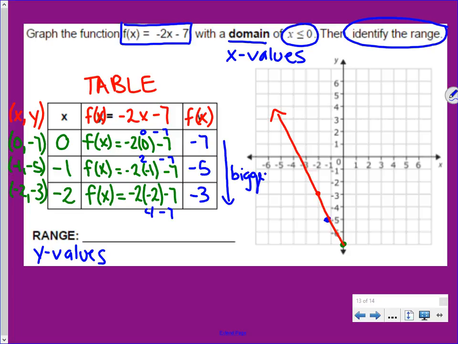So we're going to say our y values, or our f of x values, are greater than or equal to negative 7. Those are our y values because we start at negative 7 and we keep getting bigger and bigger for our y values.